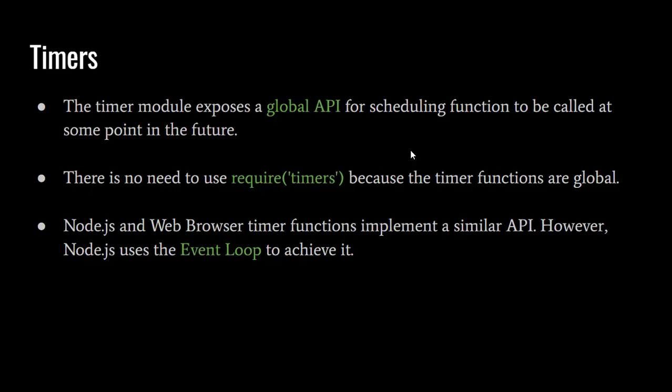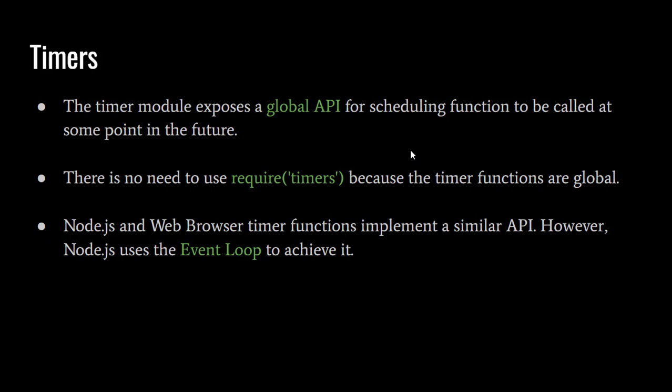Timers. So we've used timers quite a bit. And basically, we're playing around with timers a lot because this is how we need to think. It's all built into the Node built-in modules. The timer module exposes a global API for scheduling function calls to be called at some point in the future.